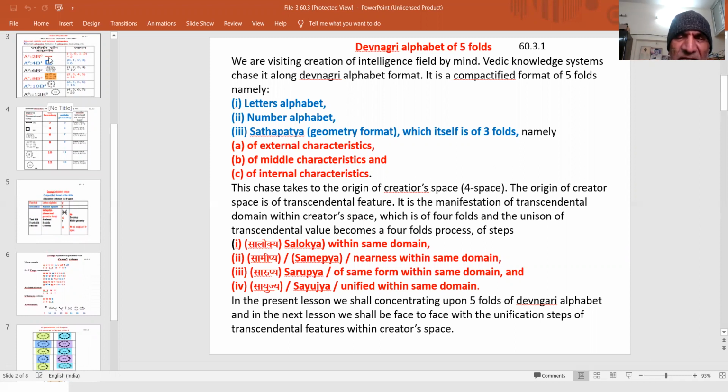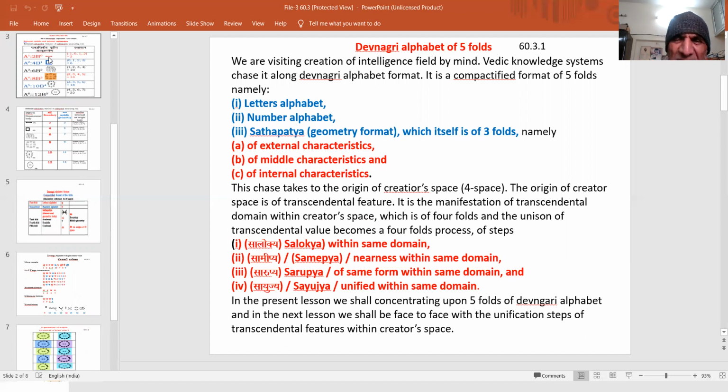These 3 folds, namely the 4th, 5th, and 6th folds, as 3 folds of Sathapatya, are of external characteristics, of middle characteristics, and of internal characteristics. This chase takes us to the origin of creators of space, for space.